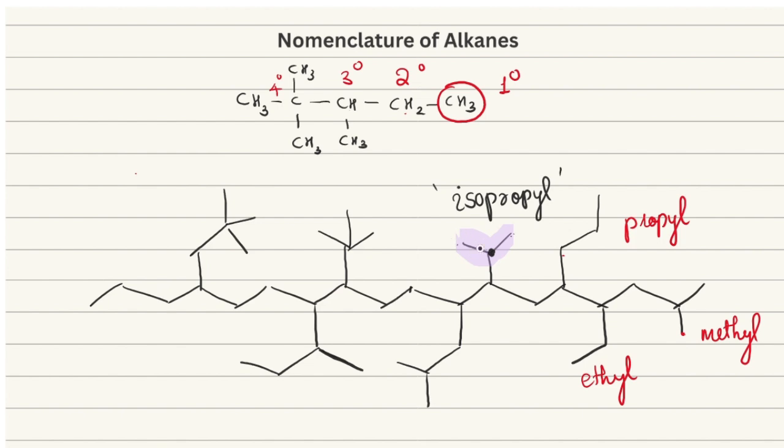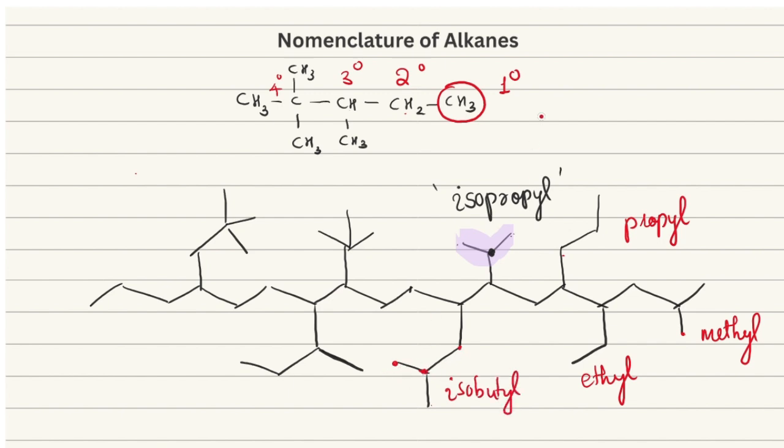This is also called methyl ethyl. Now, let's see the next substrate. We have 4 carbons and 2 methyl attached to the same carbon. So that means what? This particular substrate, if I take right here, it's a secondary because it is attached to 2 methyl groups. So in this case, we are going to call this as isobutyl.